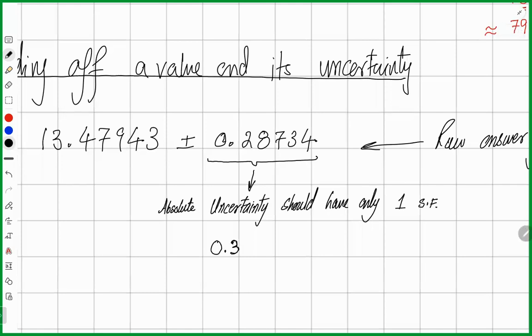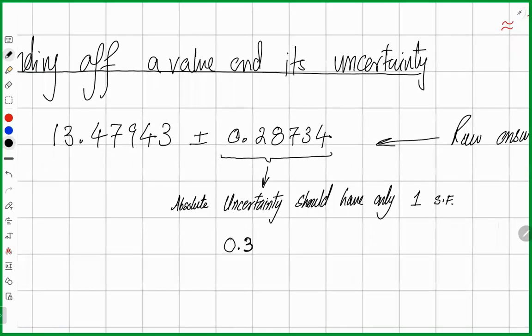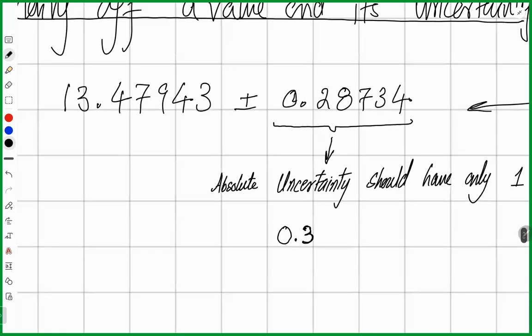Now, uncertainty is 0.3 and it has only one significant figure. Look at the position of that one significant figure.